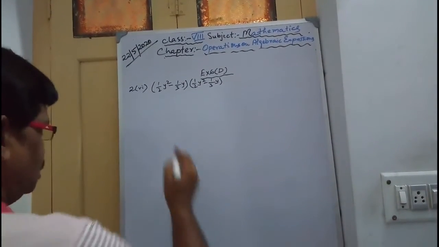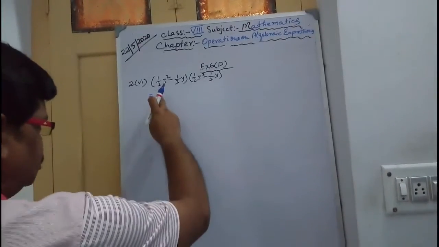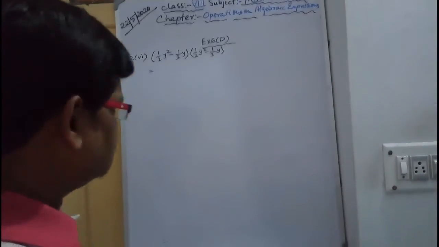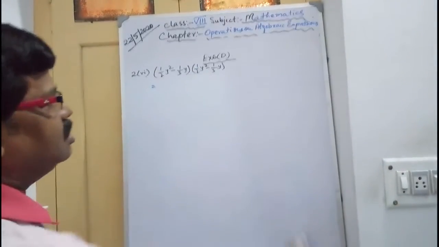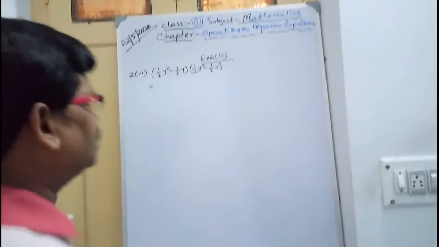Now, see the solution. (1/2 y² − 1/3 y)(1/2 y² − 1/3 y).